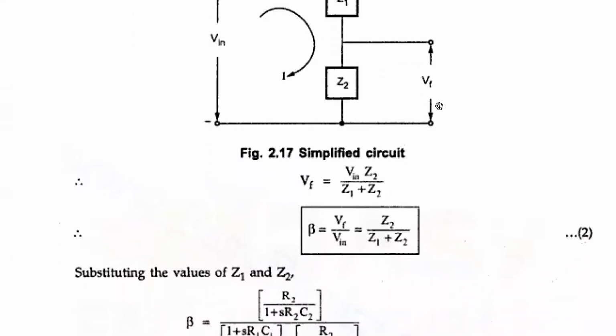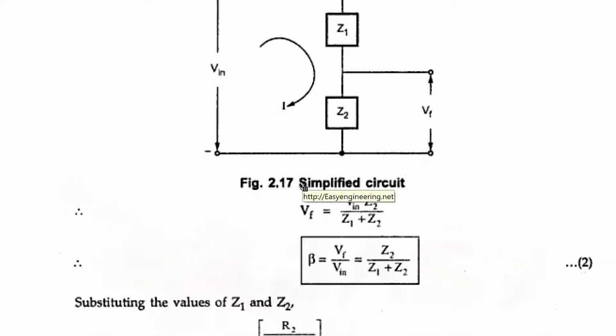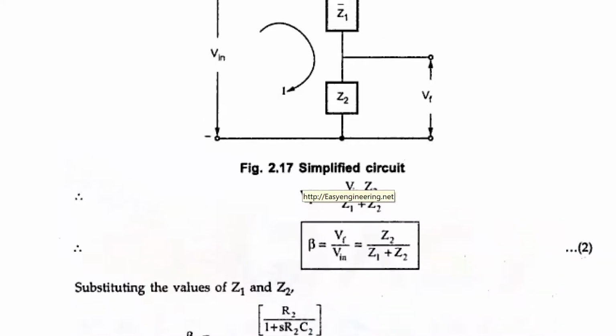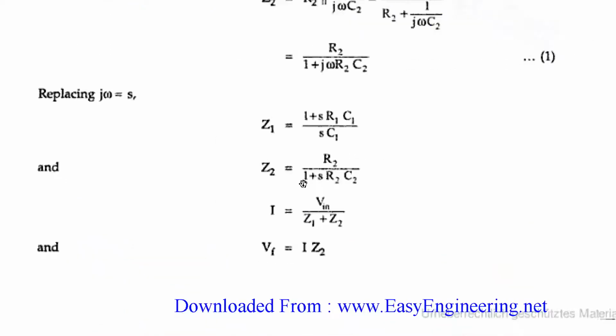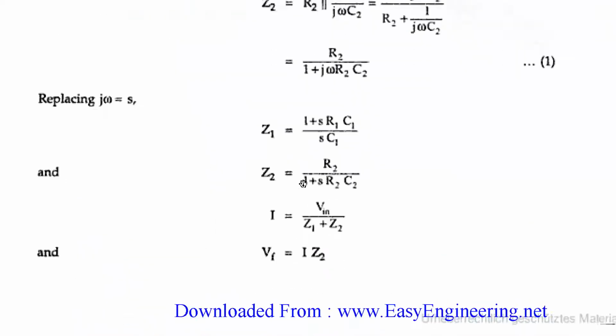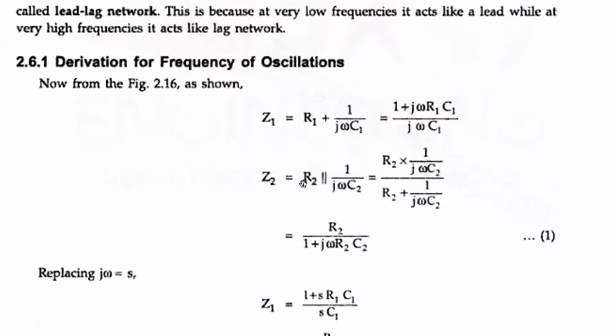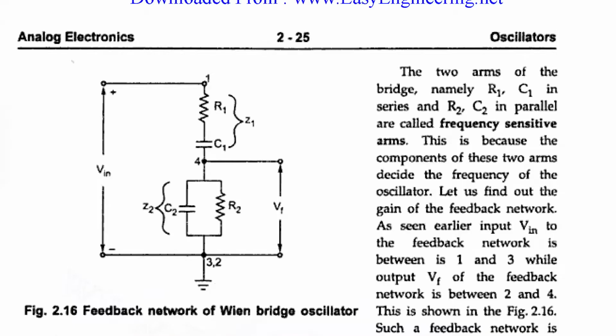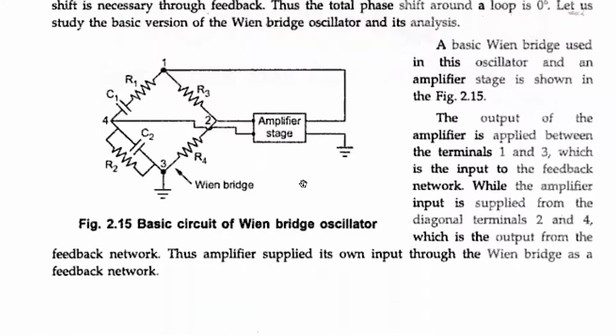So now, what is beta? Beta is the feedback signal divided by the output of the amplifier. So far, we are taking VF by V naught. That is the feedback.